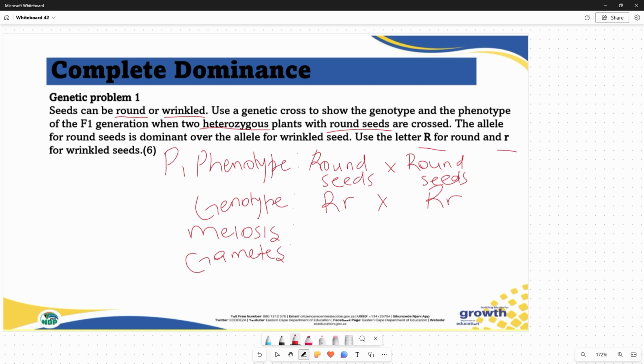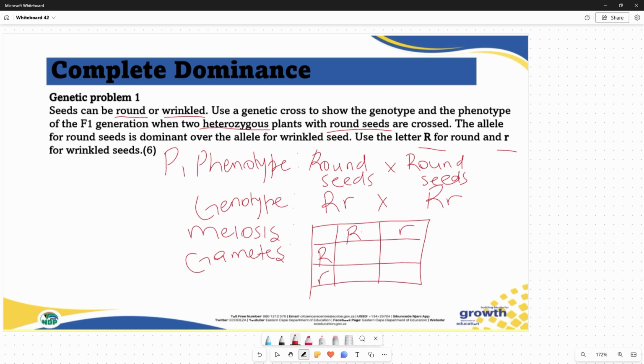Now, instead of the crosses that we did in the first cross that I showed you, there is an alternative where we can use what we call a Punnett square or a Punnett diagram. What we can do here is write the alleles of the first plant here, and write the alleles of the second plant here.